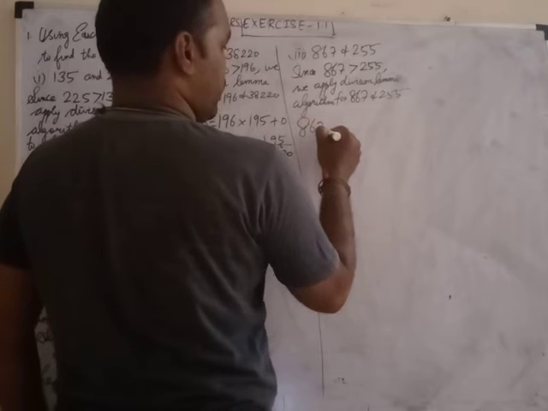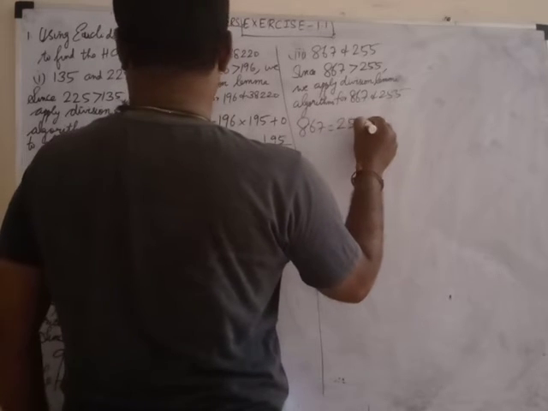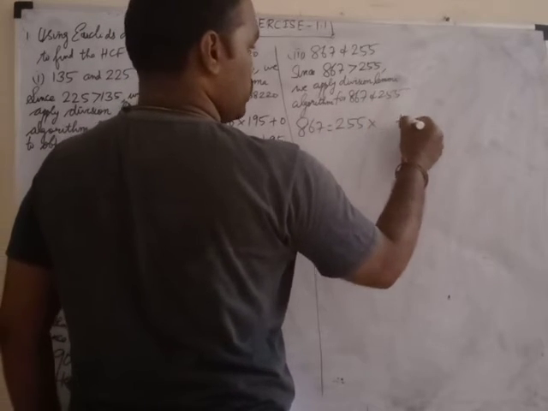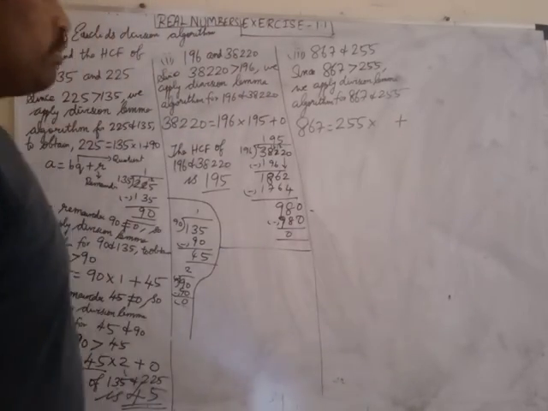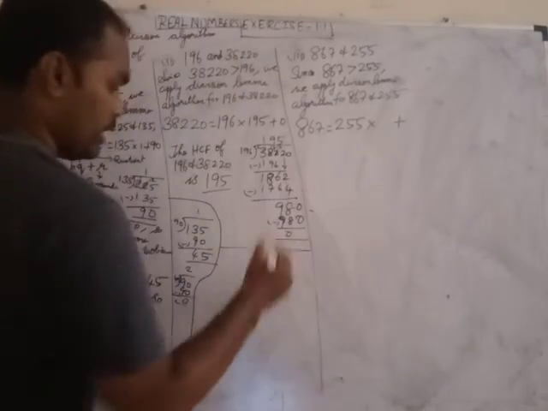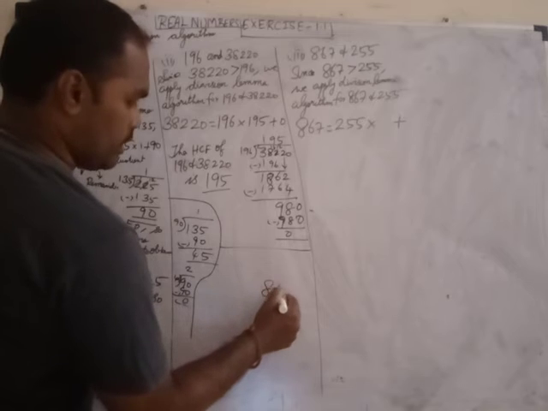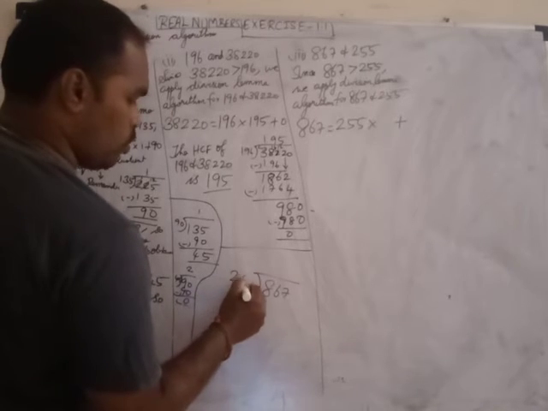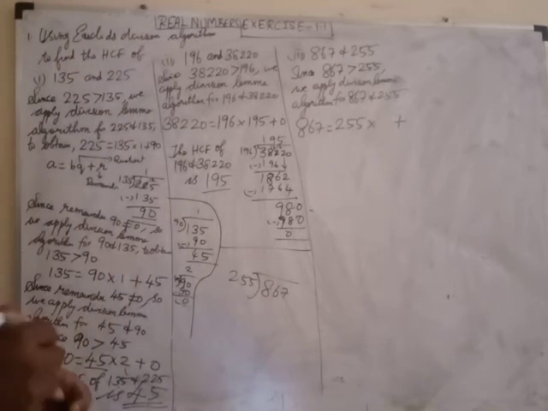So 867 equals 255 into which number do we need to put? I have to use 867 divided by 255. Which number?